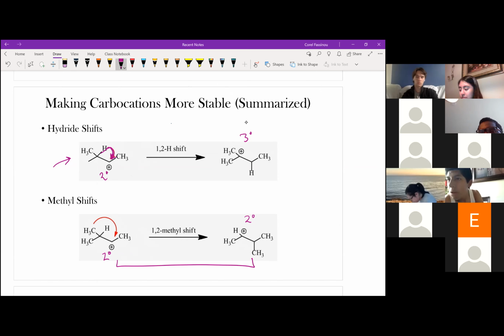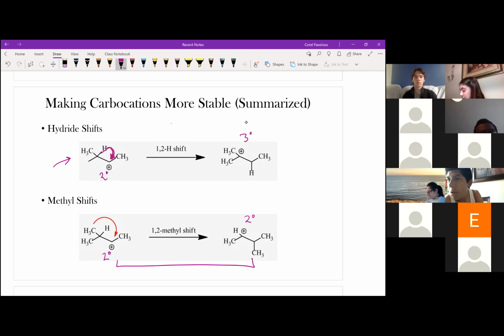It's also important to know when you can have an equally favorable carbocation versus one that's more stable. So rearrangements, that's what these methyl and hydride shifts are. They can potentially occur anytime a carbocation is formed. Are there any questions on these rearrangements, any of these shifts?